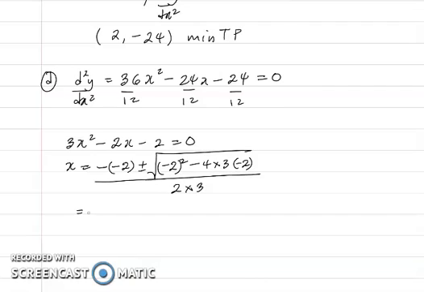So this is going to work out to be 2 plus or minus the square root of 4. Negative times a negative is a positive, and this is 24. And this is all over 6.